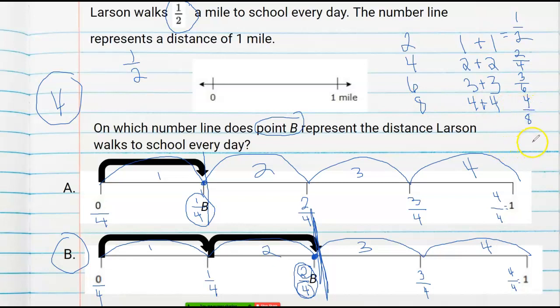Think about 5. What would have to be my denominator if I have a 5? Well, I know 5 plus 5 is 10. Half of 10 is 5, 5/10. So those are all fractions represented by a half. You want to be able to cut that number line in half and it be in the middle. So our answer is B.